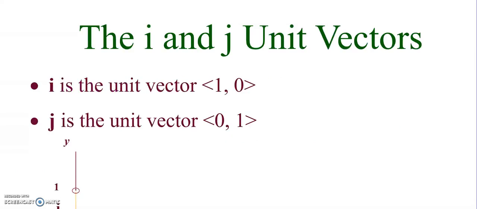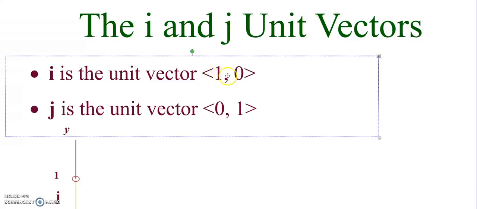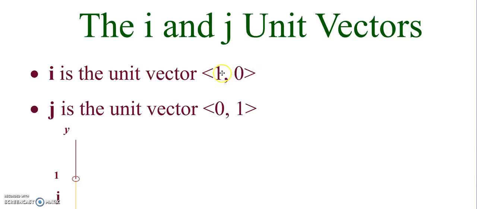Okay, so we have our unit vectors i and j, where i is the unit vector in component form, written like this, <1, 0>. In rectangular form, it would be i plus 0j. And then we also have the j unit vector, which in component form is <0, 1>.